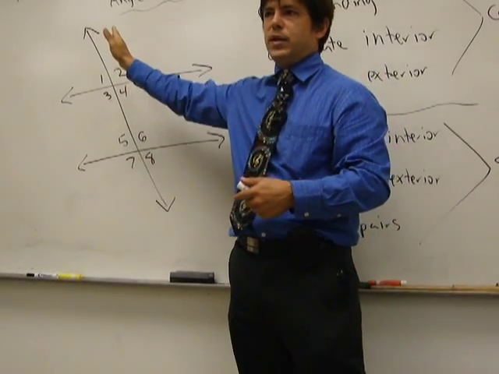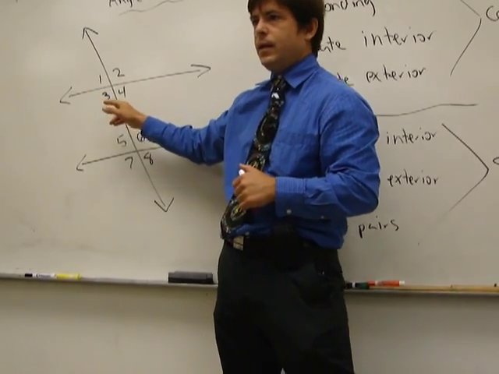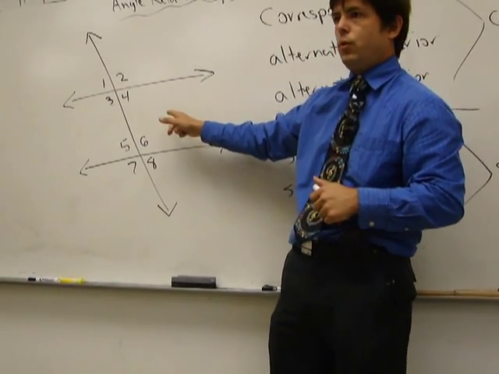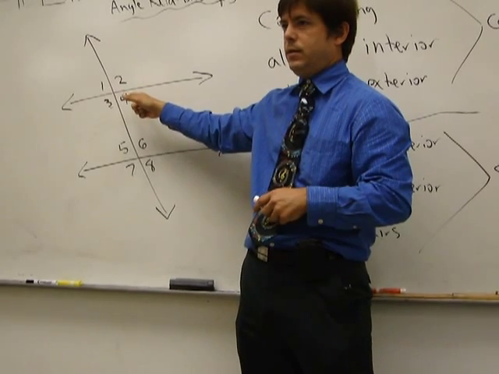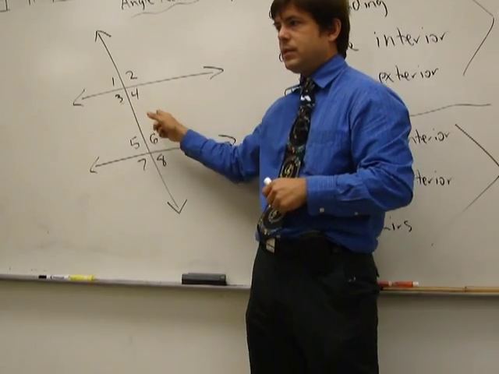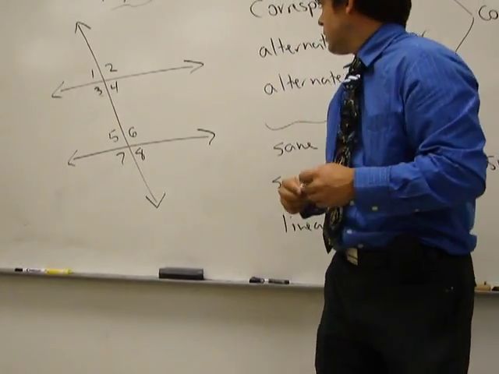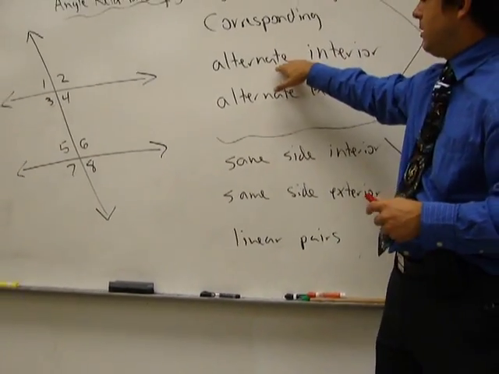This line is called the transversal. More about that later. Alternate interior would be like 3 and 6, or 4 and 5. You guys get that? Because they're on opposite sides of the transversal on the inside of the parallel lines. So those are the alternate interior.